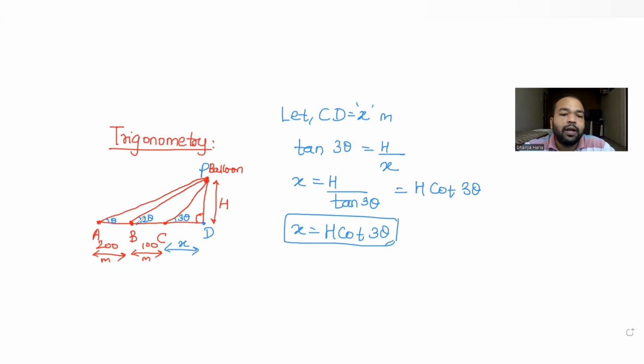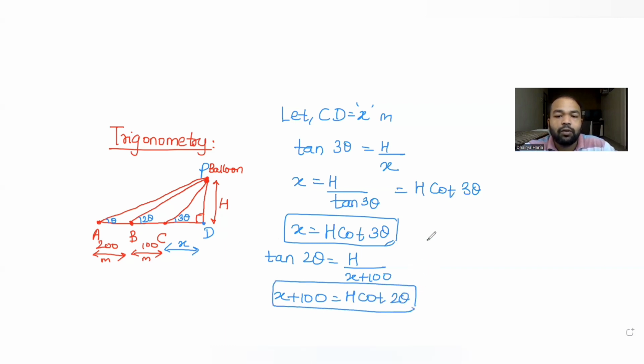Simultaneously, if I apply tan 2 theta in triangle B, P and D, I get H upon X plus 100. So X plus 100 is H upon tan 2 theta, which becomes H into cot 2 theta. And third, in the largest triangle, tan theta is H upon X plus 300.